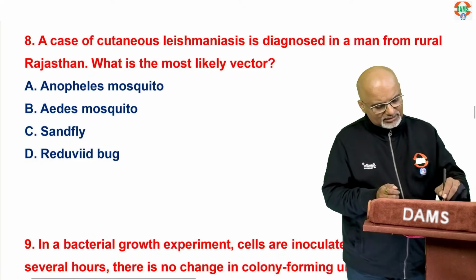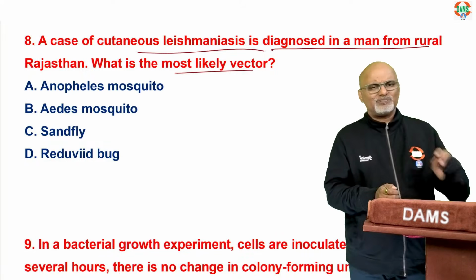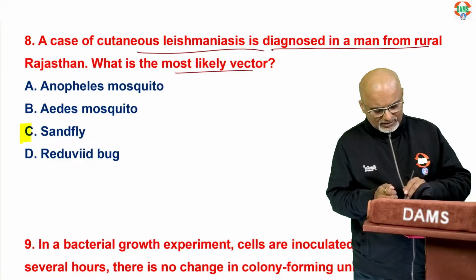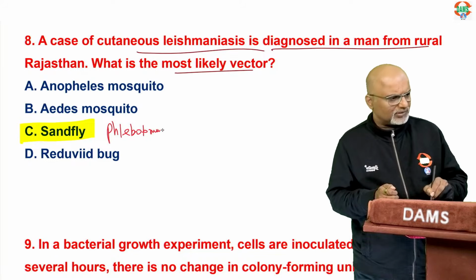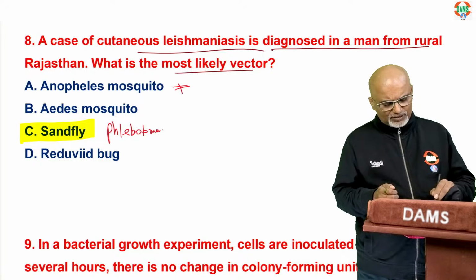What is the vector for leishmaniasis? That's the question, just a one-liner. The vector for leishmaniasis is the sandfly. In India it is Phlebotomus. Anopheles mosquito for Plasmodium.